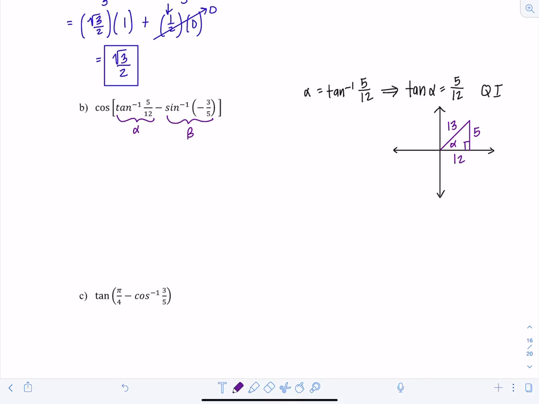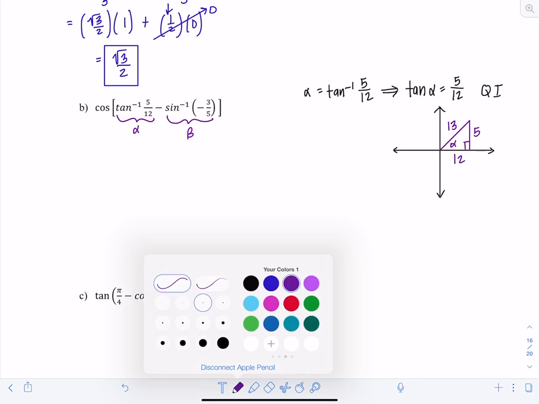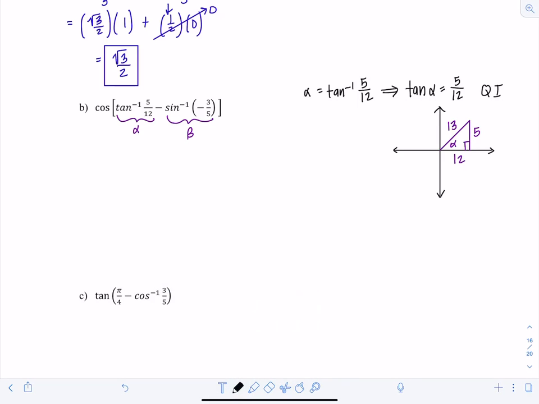All right, next I see that sine inverse of negative 3/5 is what we're calling beta. So since beta is sine inverse of negative 3/5, that means sine of beta equals negative 3/5. Well, sine inverse is in quadrants 1 and 4 again, but since it's negative, this must be in quadrant 4.